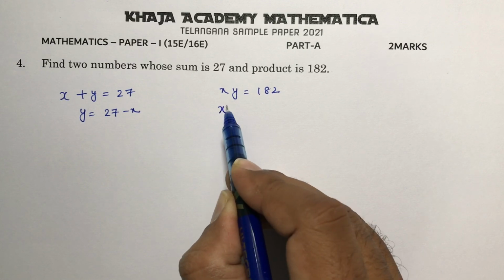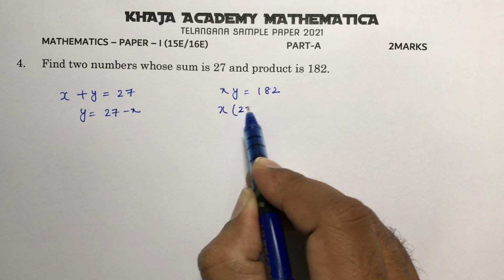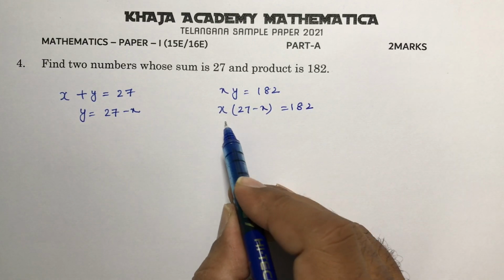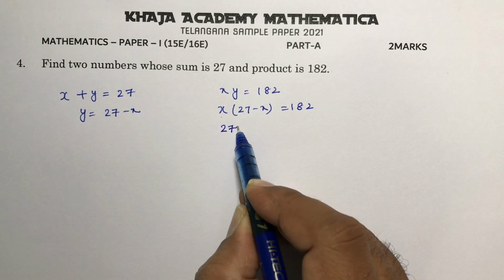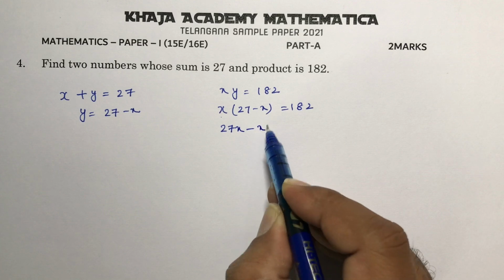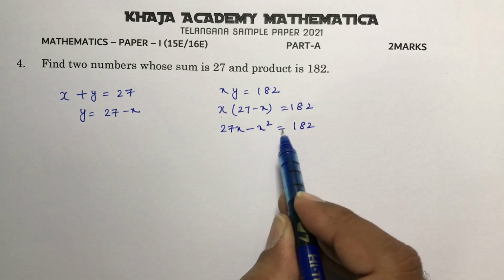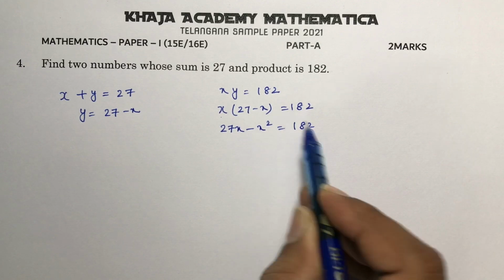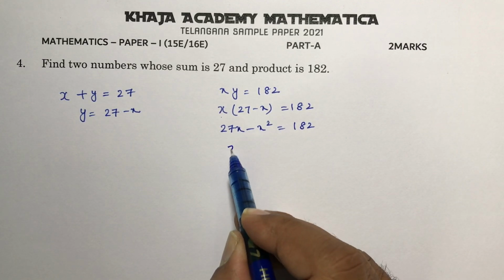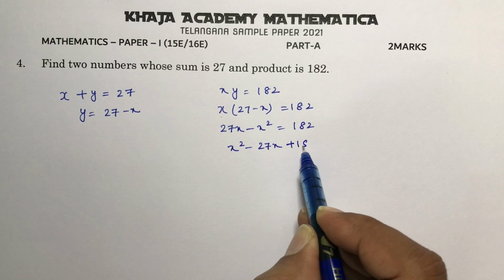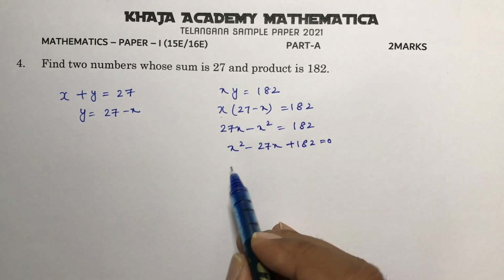So in place of y, I will substitute 27 minus x, x into 27 minus x equals 182. X into 27 is 27x. X into x is x square equals 182. Write in the standard form. As x square is negative, transpose these two values to the right. So x square minus 27x plus 182 equals 0.